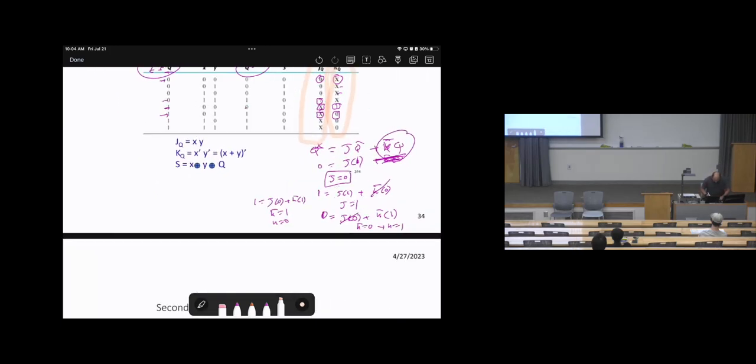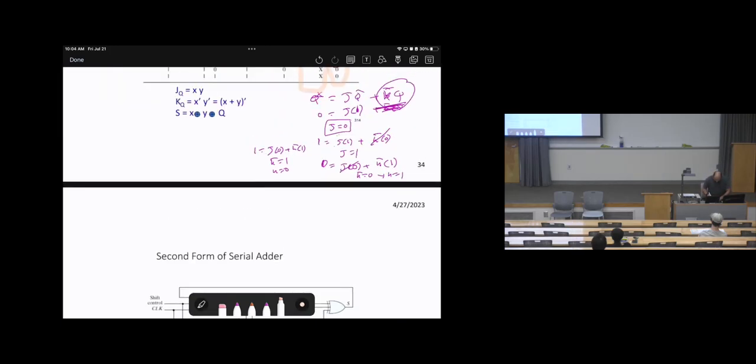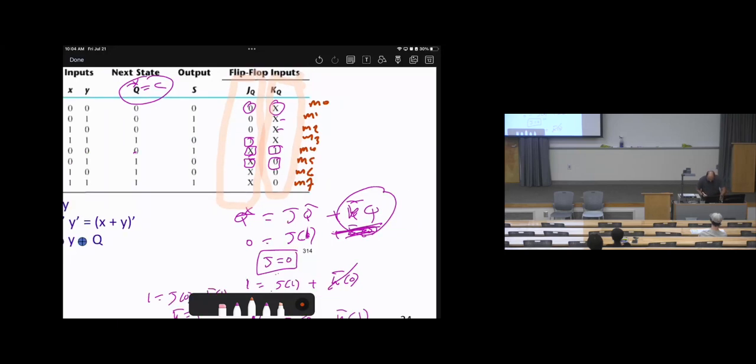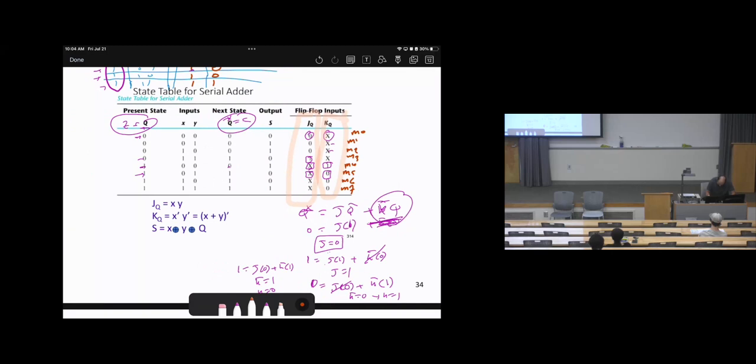Let me put them in terms. Here is M0, M1, M2, M3, M4, M5, M6, M7. So let me look at J first. So J is actually M3. Then there is don't care.